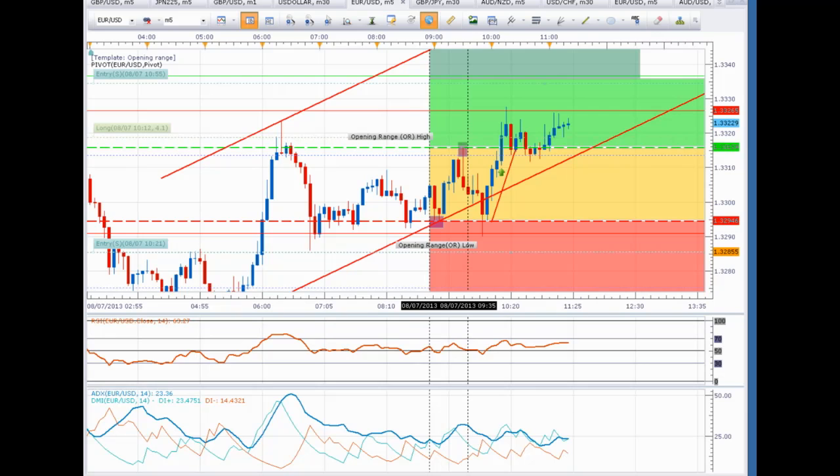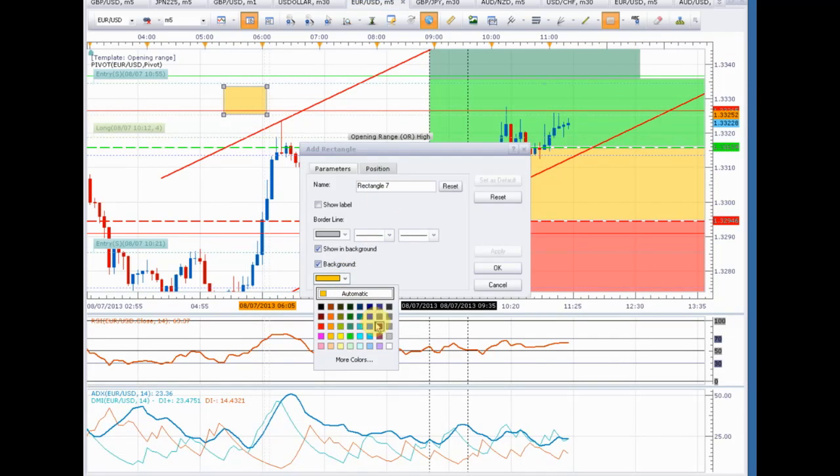Johan says, are you using an app to color code the ranges? I've got a box of crayons. No, I don't. I'm a sucker for colors and shapes. I also love MarketScope because they have the color ranges. You can go up here and create a rectangle like that, and you can change the color. You get a whole palette of colors.